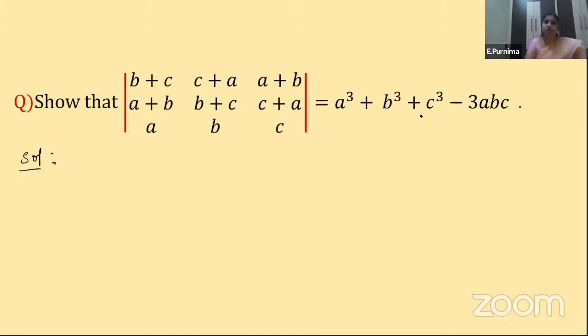So to get this, how are we going to proceed with this sum? Here I am trying to do a column transformation, children: C1 tends to C1 plus C2 plus C3. So what happens here if I do that?